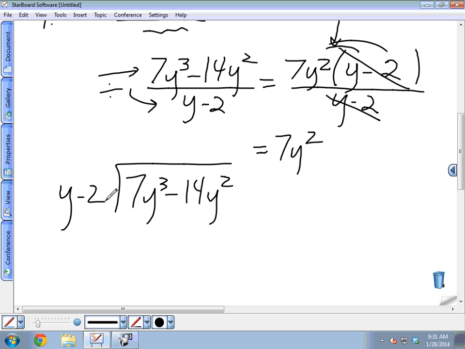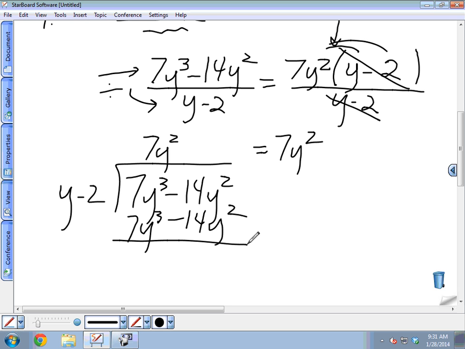So you take the y times 7y squared, right? Gives you 7y cubed. And then minus 2 gives you minus 14y squared.